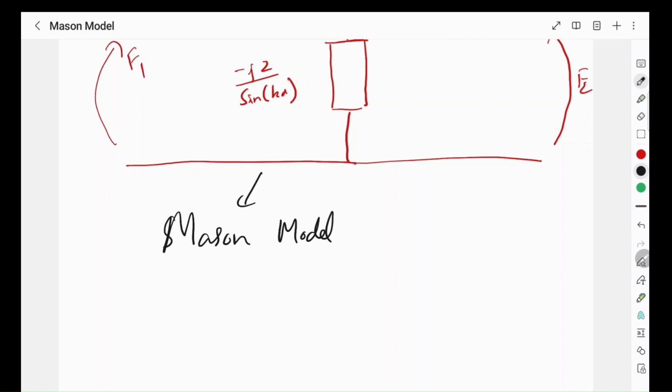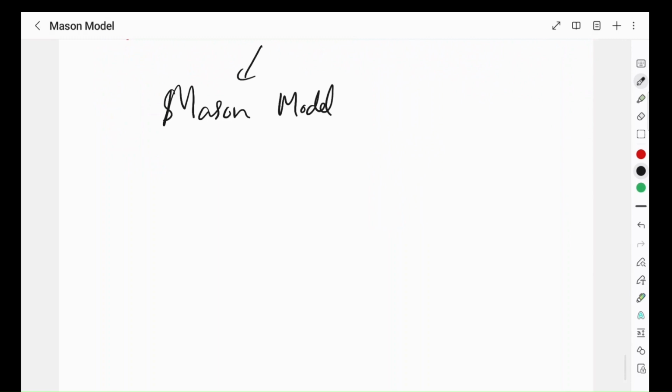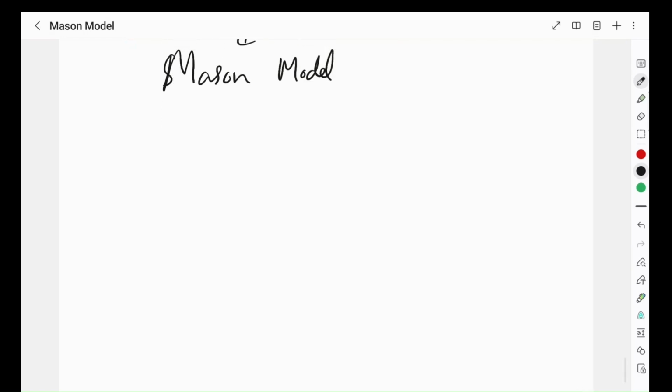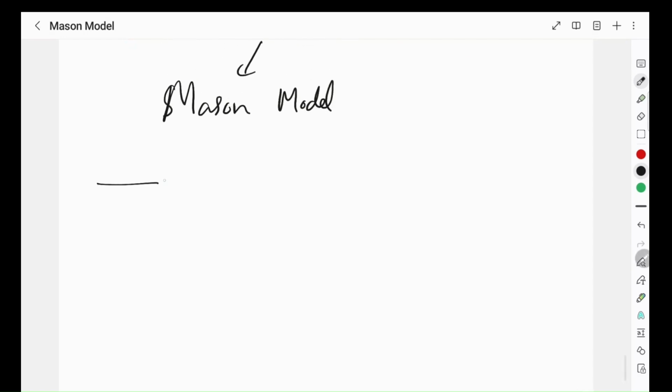Here, I have discussed this completely in terms of a non-piezoelectric material. If I have a piezoelectric material, what extra will come is something I'm not explaining too much. I'll just show the Mason model and what extra terms will come there.